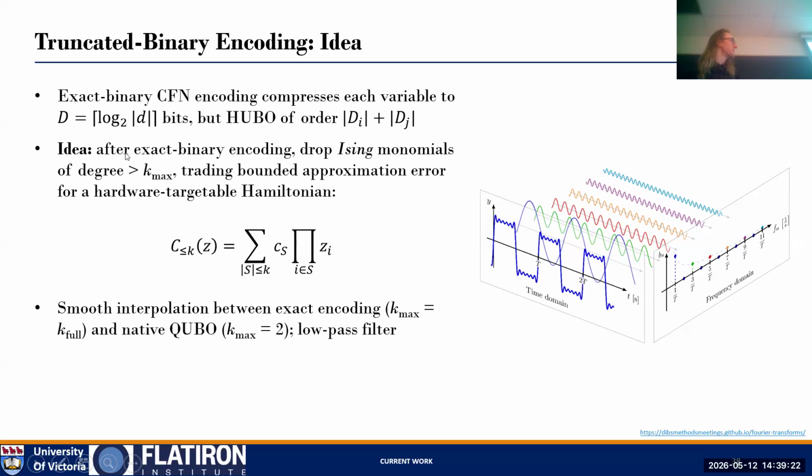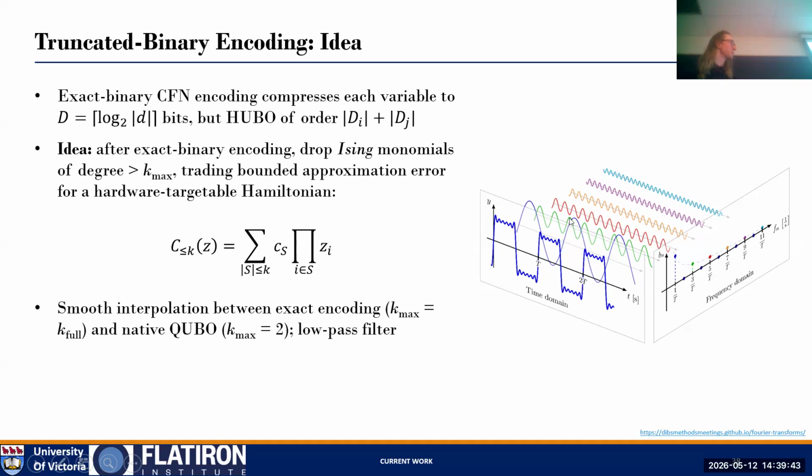So the idea was that depending on the problem structure, what we can do is after binary encoding and transforming it into the Ising basis, we can drop Ising monomials of some degree greater than K max, trading down an approximation error for a hardware targetable Hamiltonian.